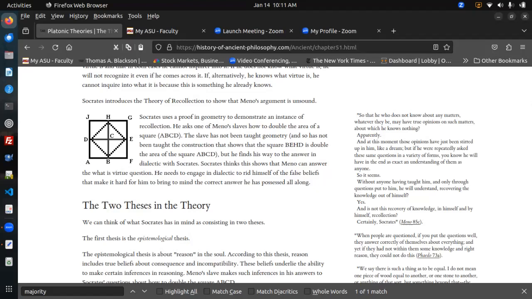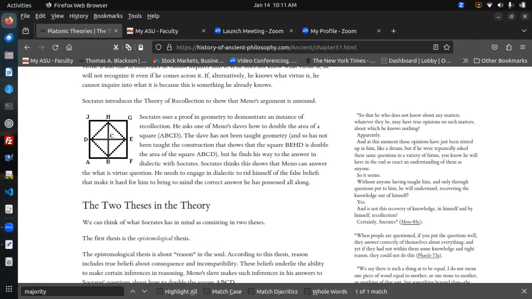And we can understand this as follows. Once the slave comes to the right answer, Socrates takes us to show that we have the right answers. They're something that we have all along because we have this power of the soul, reason.